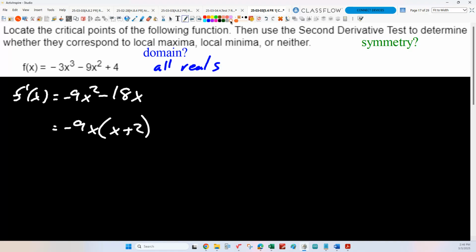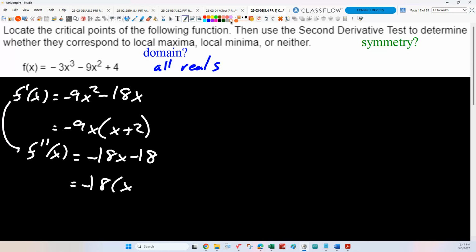Okay, good. Now when we want to take our second derivative, we want to go back from this row, don't we? We don't want to do a product rule. Okay. What's our second derivative? If I factor that, what do I get? Negative 18 times x plus 1. Okay.